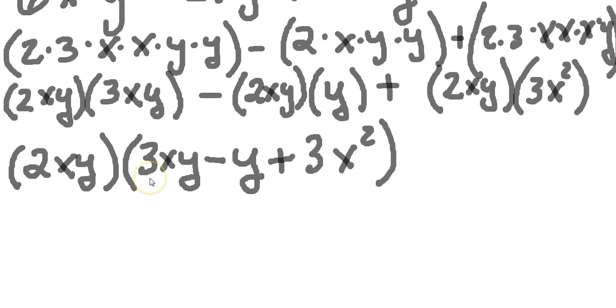Close. So we factored out of each one of these terms a 2xy. So what we're left with is open 2xy close, open 3xy minus y plus 3x squared. And that's as far as we can go for factoring out using the greatest common factor.